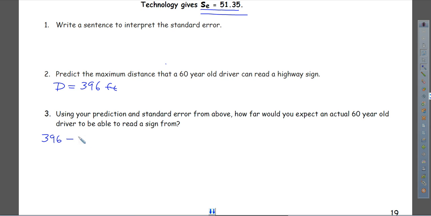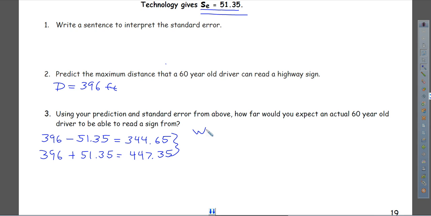We might be below it by 51.35, or we might be above it. And this is going to create that window. We calculate these two values out. This should give you 344.65, and this will give us 447.35. So if we put these together, this would give us our window.